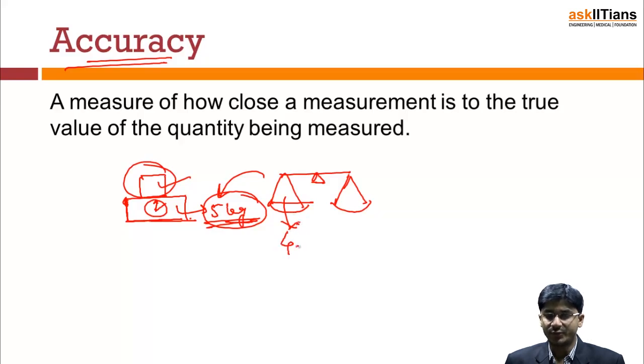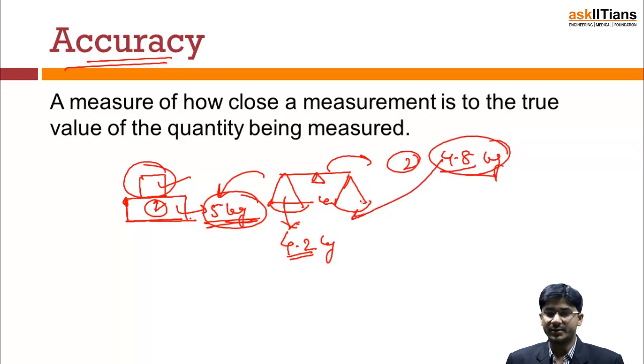Suppose I get 4.2 kg when I measure from this balance, and for another balance, balance 2, I get 4.8 kg. So what I say is that this balance is more accurate, meaning the second measurement of 4.8 kg is more accurate than the first measurement. It is how close it is to the true value.